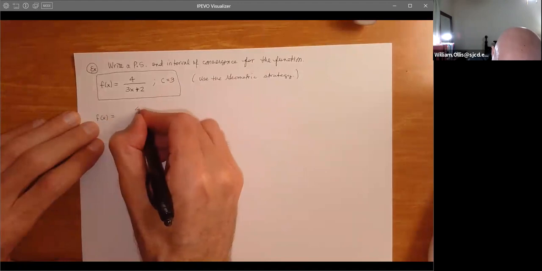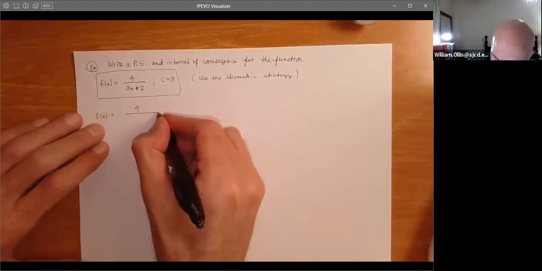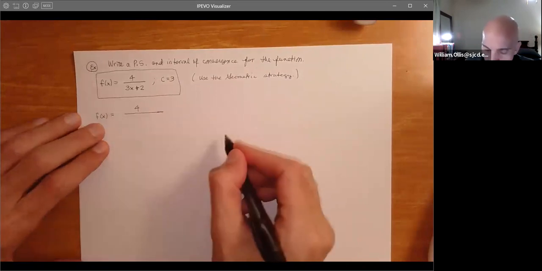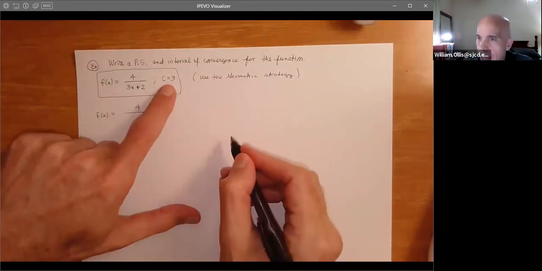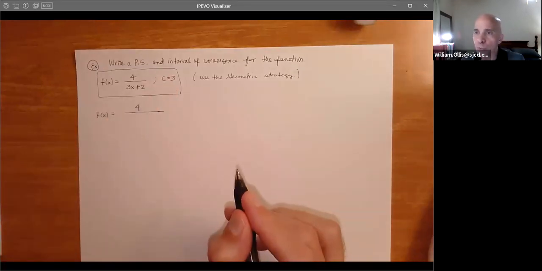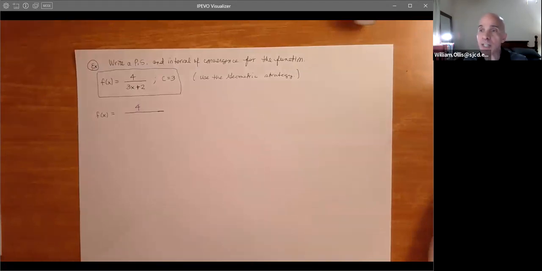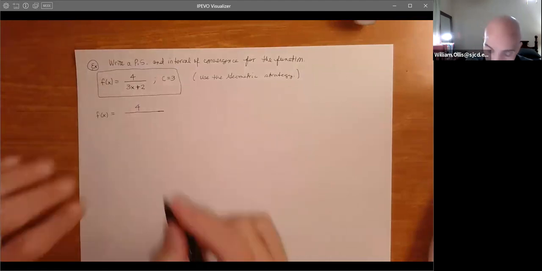So now we have f of x equals 4. Now, the first thing we want to do, and this is usually like doing your transformations in college algebra, is go ahead and input the new center. That is, subtract 3 and add 3 relative to the x. That way you get the new center, and then you can do the algebra to clean it up, and then move to the 1 divided by 1 minus x.